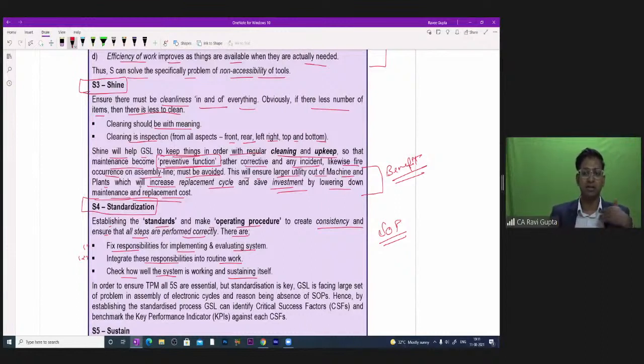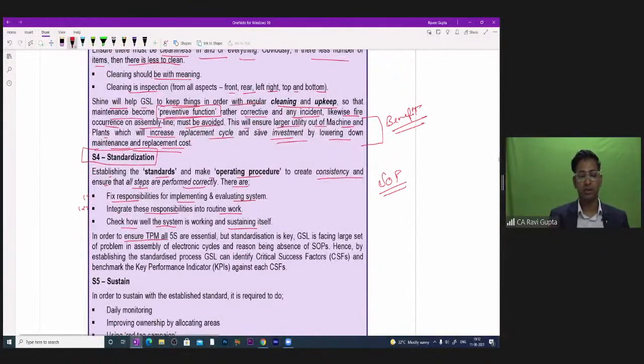Consistency means that if the SOP is there, each worker will be taking the same type of actions, and ensure that all steps are performed correctly. There are fixed responsibilities for implementing and evaluating the system. Integrate these responsibilities into the routine work and check how well the system is working and sustaining itself.